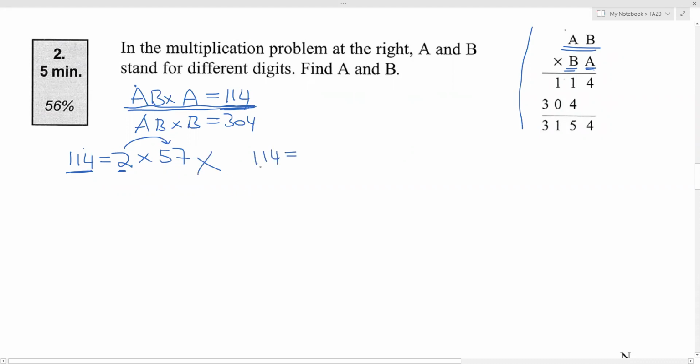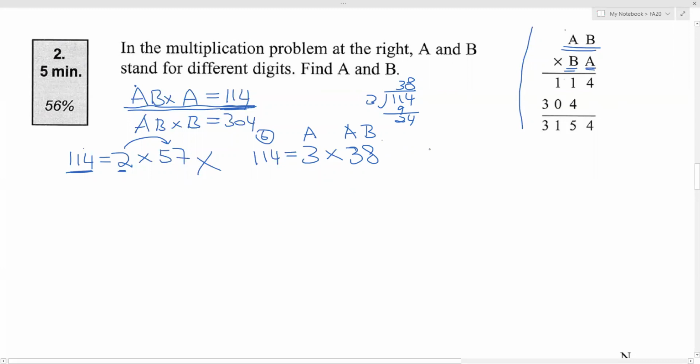Then I'm trying, all of the digits add up to 6, so it's divisible by 3. 114 divided by 3 is 38. So 3 times 38 is a possibility, and let's check. Oh, very nice. So this could be A and B.